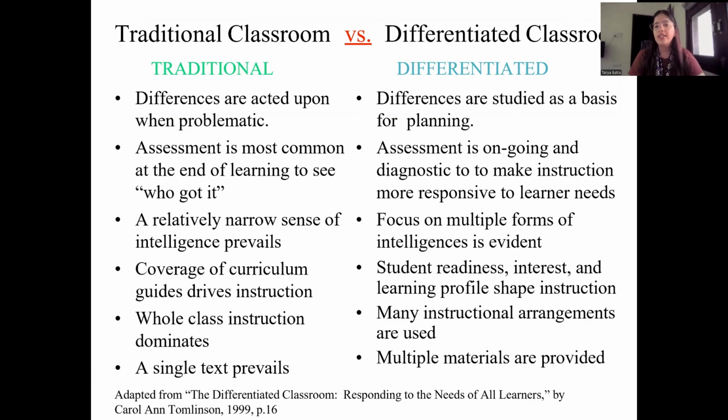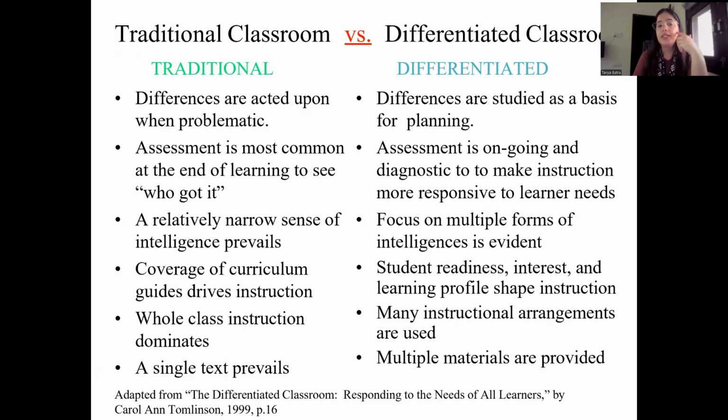So if your goal is to achieve a differentiated classroom setup, definitely you can follow these principles, understand the strategies, and implement them in your classroom while teaching several subjects. In a traditional classroom, differences are acted upon when problematic.